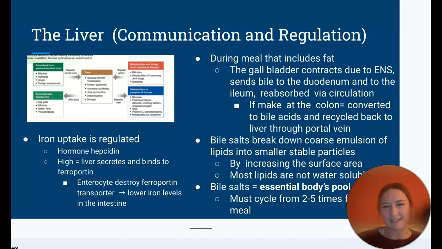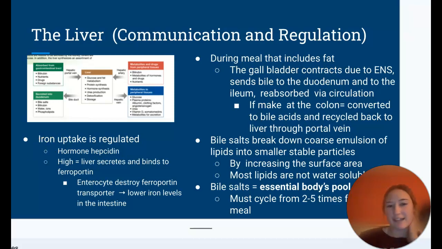I should say it is involved with iron regulation. And so when hepcidin binds to ferroportin, it causes enterocytes to destroy that ferroportin transporter, and this will cause lower iron levels in the intestines.